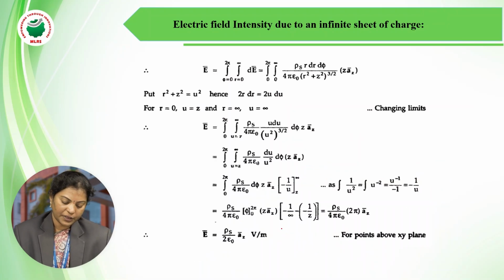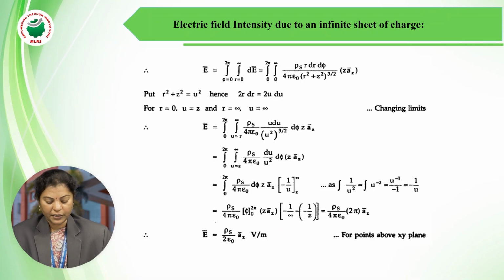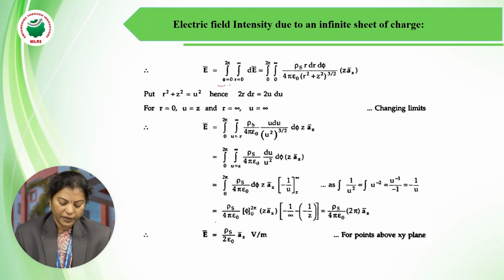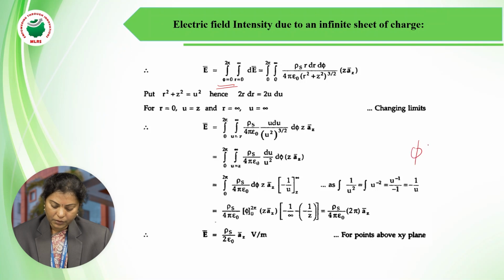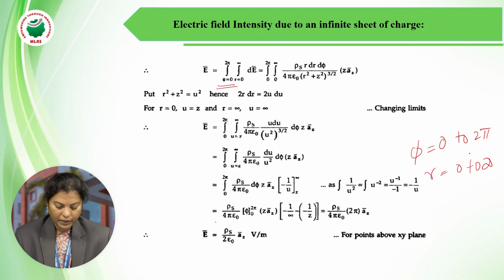After substituting in the total electric field intensity, we have the limits phi equal to 0 to 2 pi, and r varies from 0 to infinity. So I am substituting the limits here.